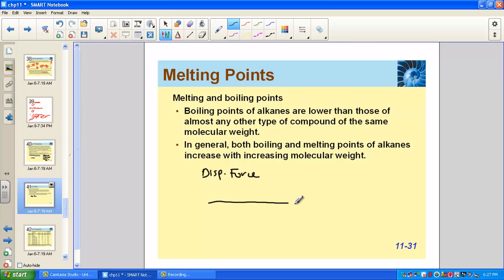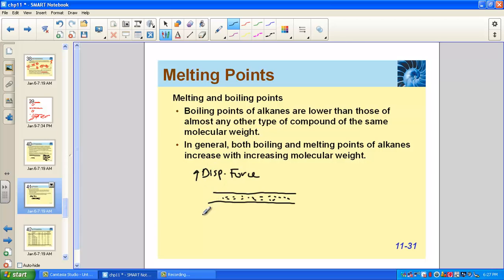The longer the chain we have for our hydrocarbons, the longer the chain means an increasing number of CH2 groups for that carbon, the more surface area we have on the molecule. That greater surface area, as it interacts with a second molecule of the same type, sets up this potential for that temporary induced pole, which is how a dispersion force is defined. So the longer the carbon chain, the greater the dispersion force.